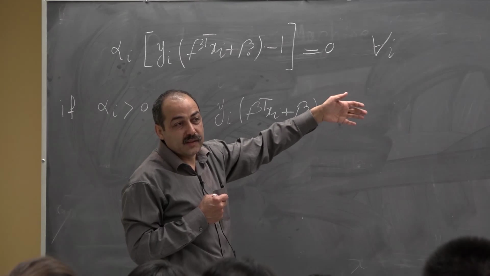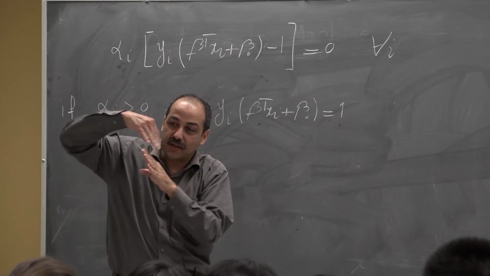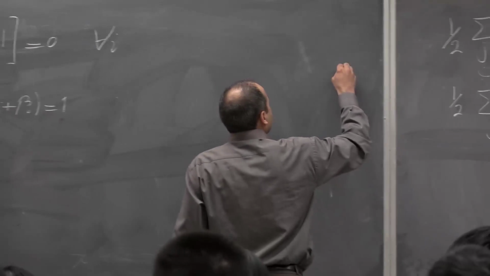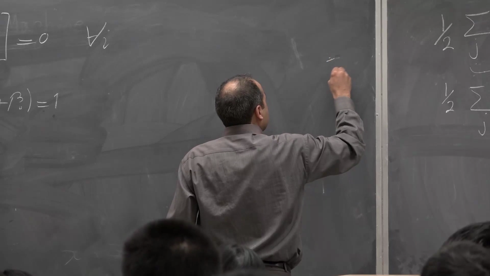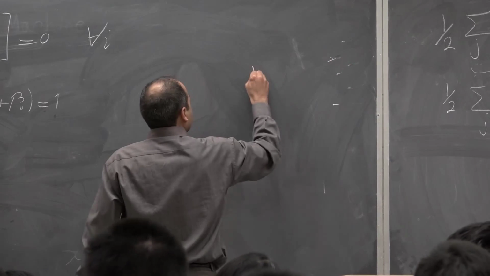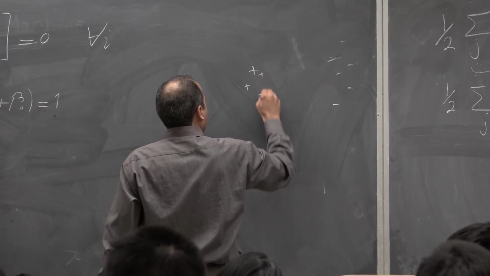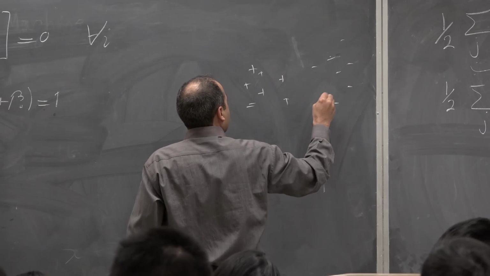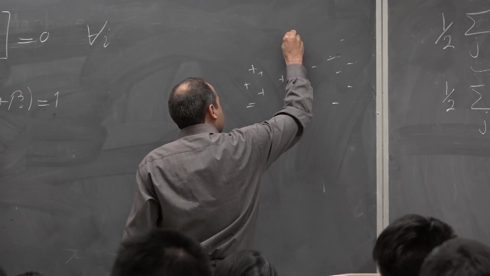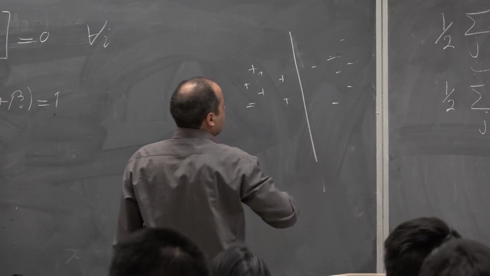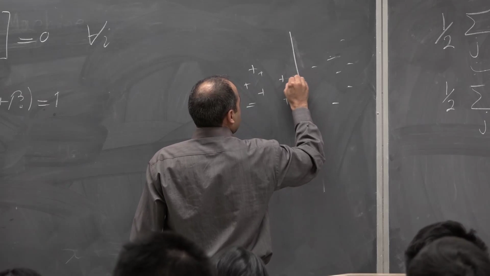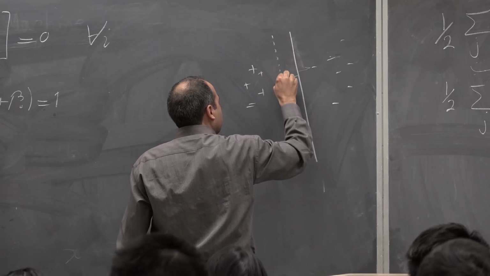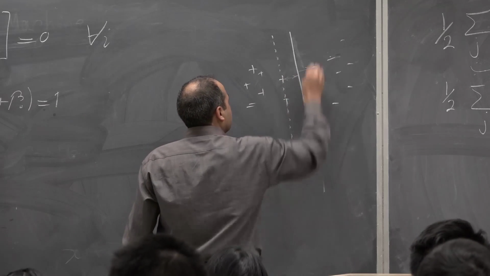So what does it mean basically? It means this point is on the margin. That was our problem: I was interested in the line which has the maximum margin.